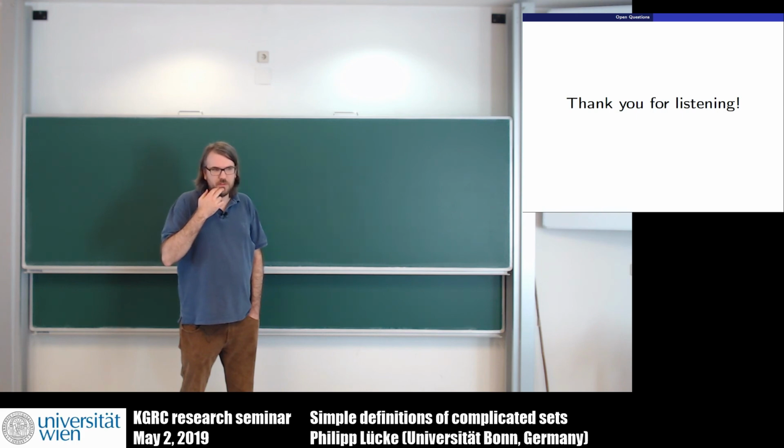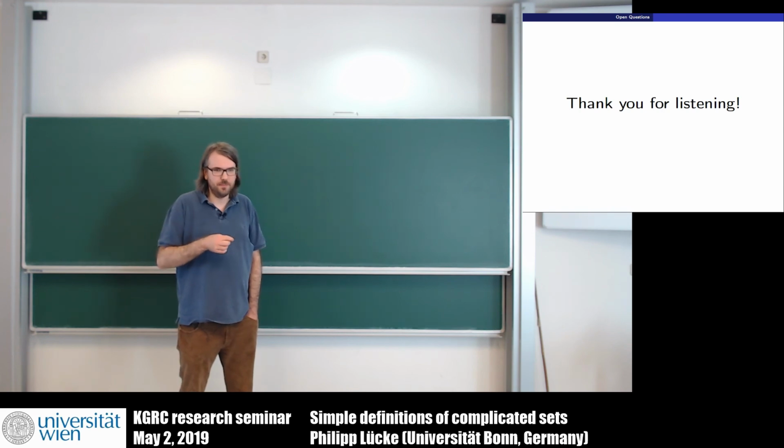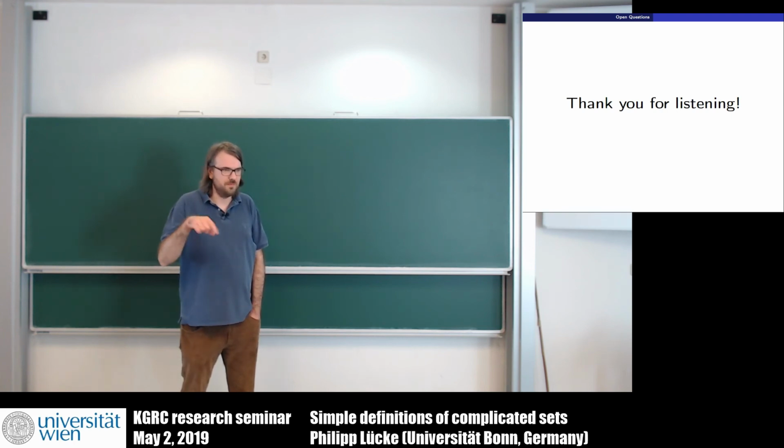For the boldface definition, you can just code the ground model into, say, the branches of a tree, and then the generic is also a subset of the cardinal, and you can define the ground model and well order it. I think that's not problematic. It gets problematic once you have failures of GCH, and you only want to use bounded subsets as parameters. Then I don't know how to do it.